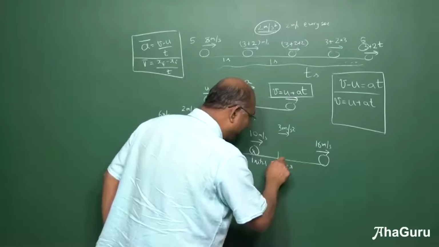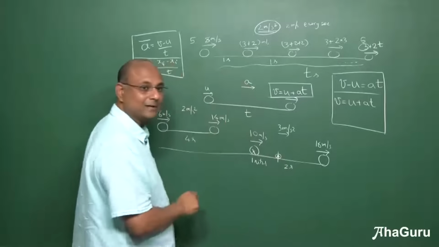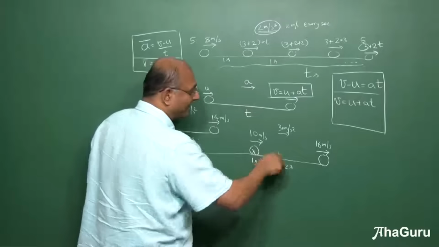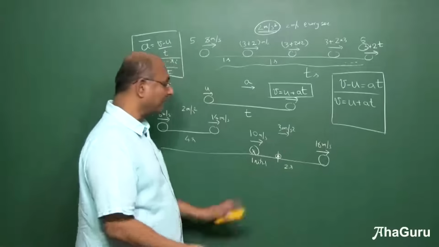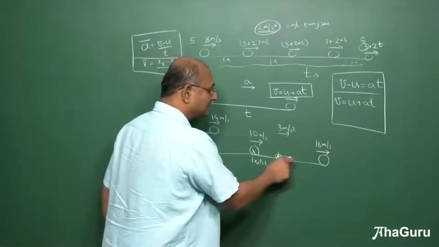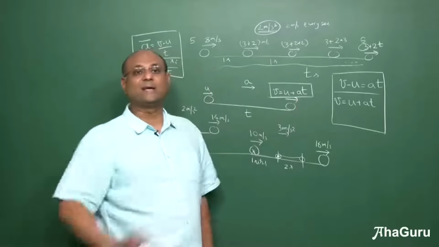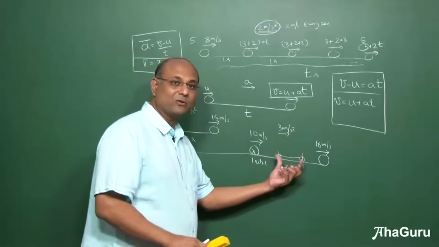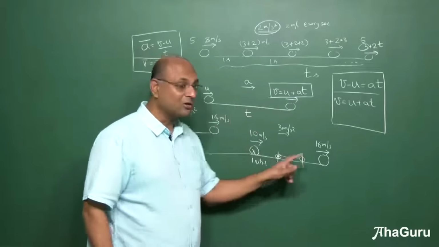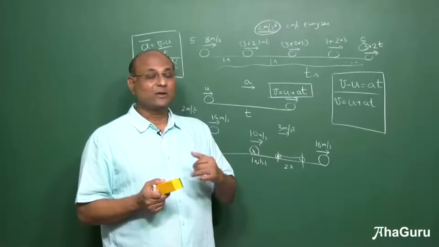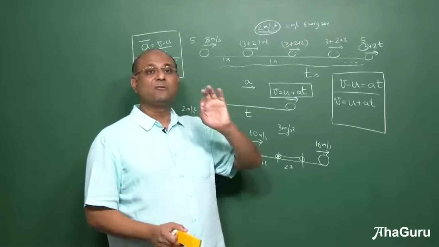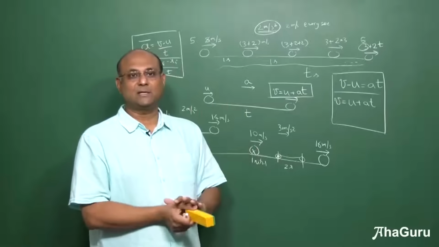When it reaches here, I'm opening my eyes. So this is initial. And when is it final? Not after the object is stopped or something has happened to the object. Final is whenever you decide to stop thinking, stop looking. Okay, so initial and final is not dependent on the object, it's dependent on us. The object is moving, we decide whenever it is initial.